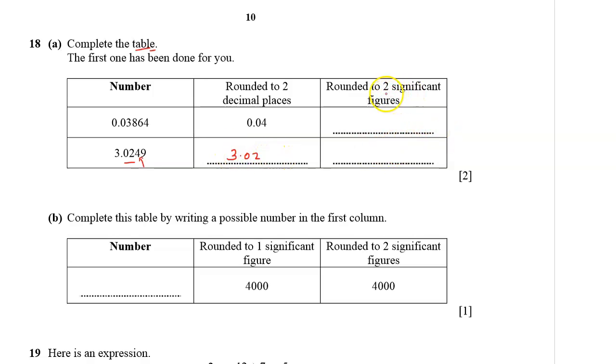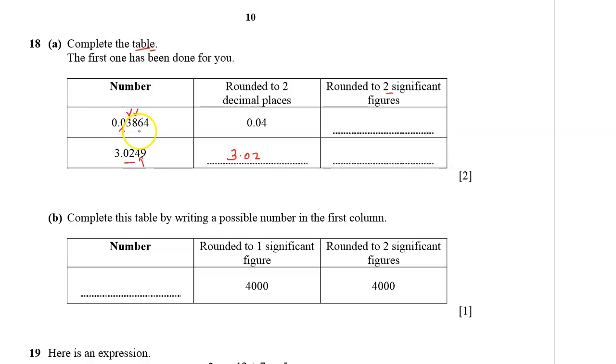Now, SF. We know that the 0 immediately after the decimal point, if there's no digit other than 0 in front of it, this 0 here is not significant. So to round off this to 2 significant, 3 is the first significant number, followed by 8.